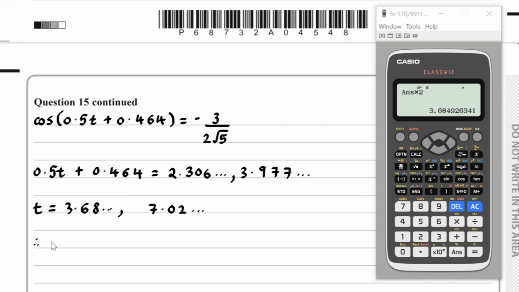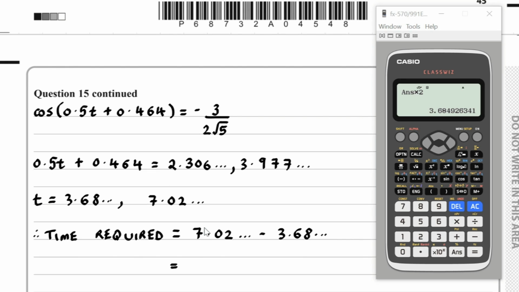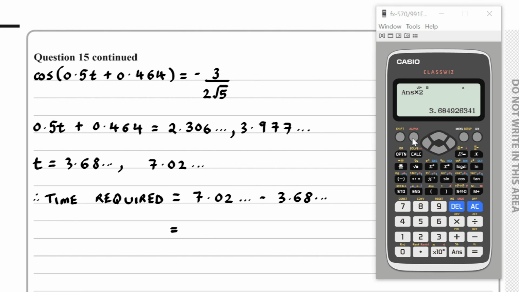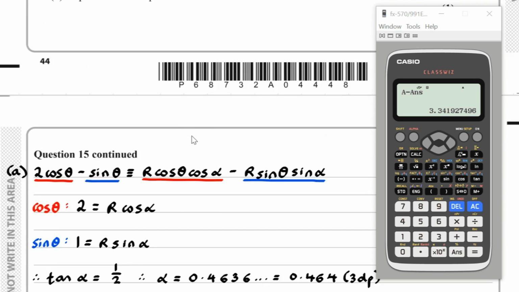So therefore, the time required is equal to 7.02 etc. minus 3.68 etc. So I've got that minus this, which is 3.419 etc. So what are the units?